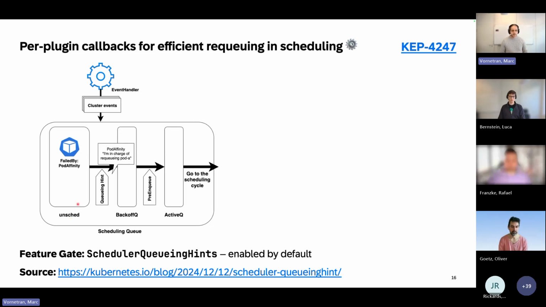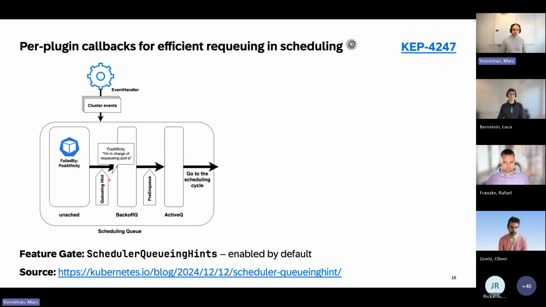And basically in the past, you could say this was a bit inefficient since you just had many events coming in that basically then allowed the scheduler to maybe retry this again. But now with the introduction of these queuing hints that you can see here, which are implemented by the plugins, say, for example, the InterPod Affinity plugin, the responsibility is basically clear on who decides why a pod cannot be scheduled at the moment.